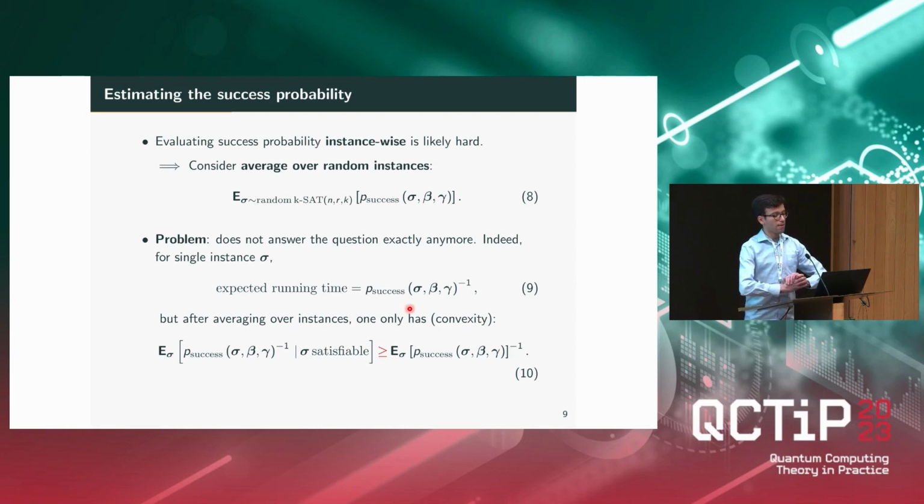But after you've averaged over instances, this inverse average success probability merely gives you a lower bound on the running time. So you no longer have the average instance running time, you just have a lower bound on it. Still, we chose to work with this restriction mostly because computing that can be done analytically, whereas for the average running time, we're not sure at all.